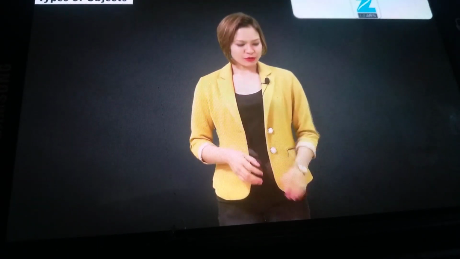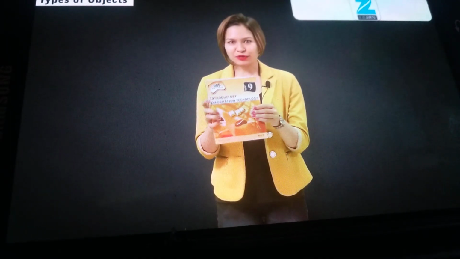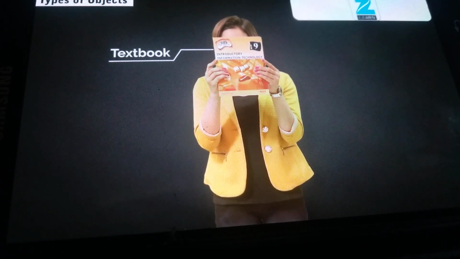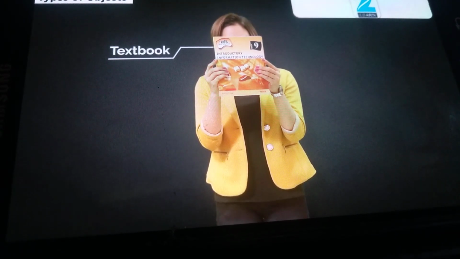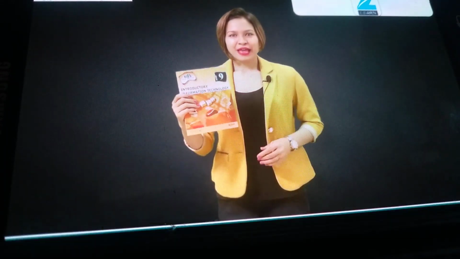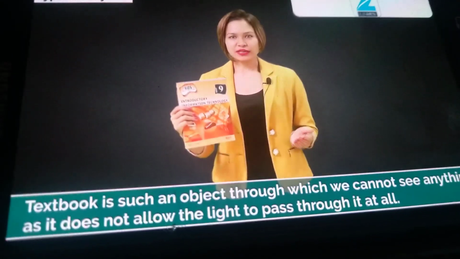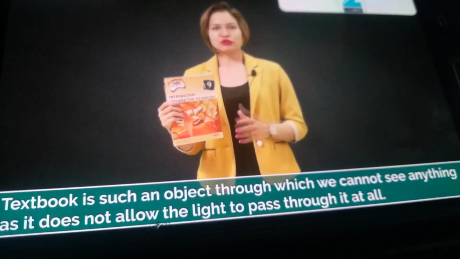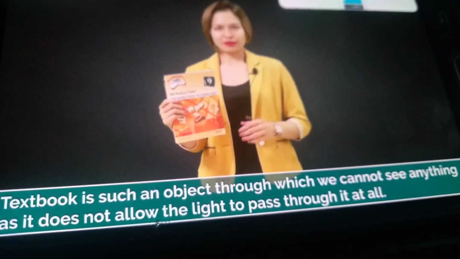Well, let's understand this term by taking a daily life example. So, here I have this textbook, and if I just place it in front of my face, then can you see my face? No, right? Textbook is such an object through which we cannot see anything, as it does not allow the light to pass through it at all.